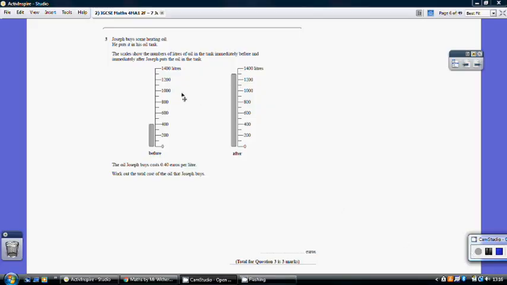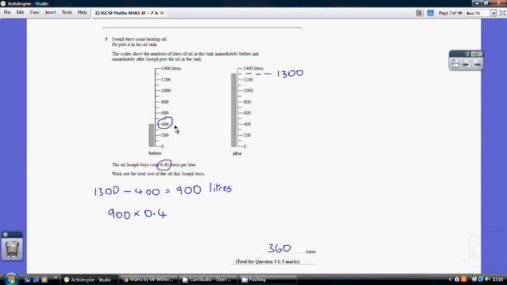Question 3. The scales show the number of litres of oil in the tank before and after Joseph puts the oil in the tank. The level before was at 400. The level after is halfway between 1200 and 1400, which is 1300. So how much oil has he put into the tank?